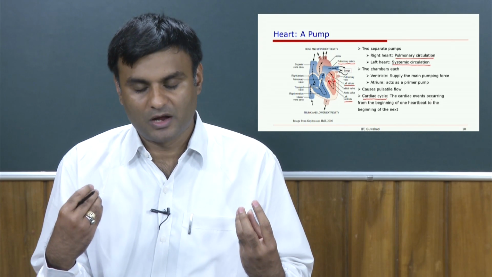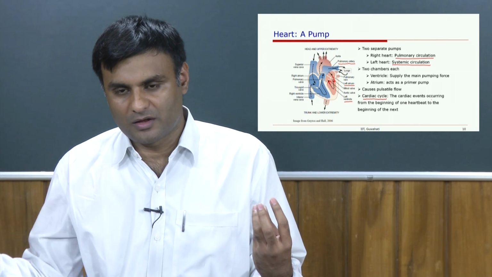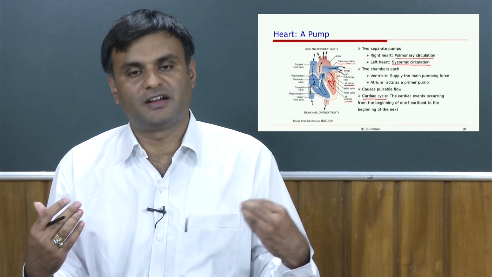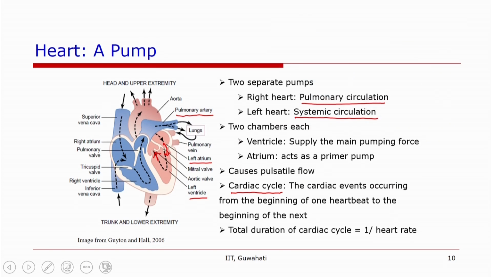For example, the left heart supplies blood to the different organs, and the right heart supplies blood to the lungs. The total duration of one cardiac cycle is 1 over the heart rate. The heart rate in a normal human being is about 72 per minute, so the duration of one cardiac cycle is 1 over 72 minutes.